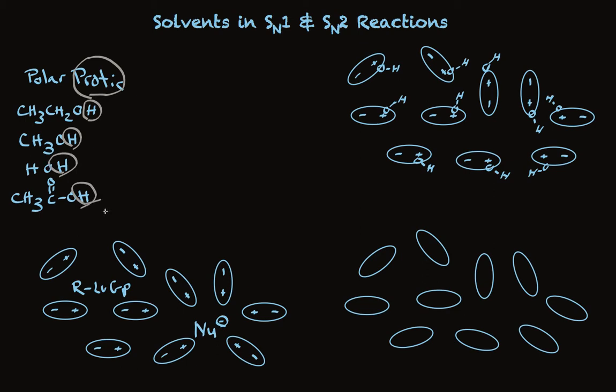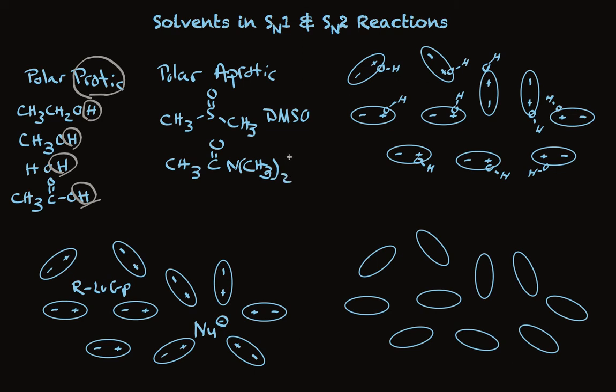A second group of polar solvents are called polar aprotic solvents. A meaning not, so not protic. And they have structures for the common ones like this. It's a molecule called DMSO. Here's another one, molecule called DMF. Here's another one, acetonitrile. Notice that all of these guys are polar. They've got a polarized covalent bond.